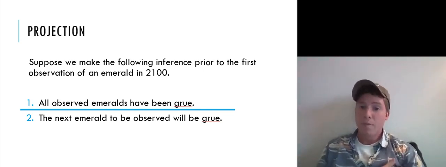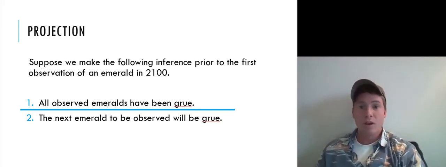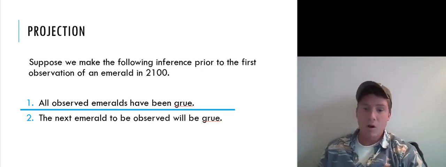Now that's a true premise, because prior to 2100 AD, for an emerald to be GRU is to be green. So we have a true premise that amounts to basically saying that all observed emeralds have been green, all observed emeralds have been GRU.